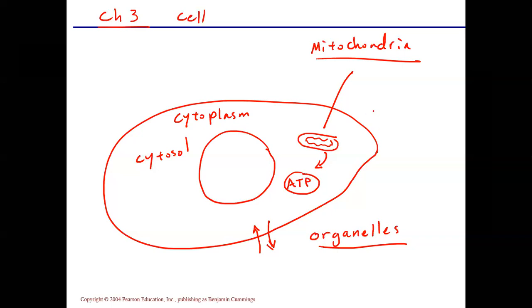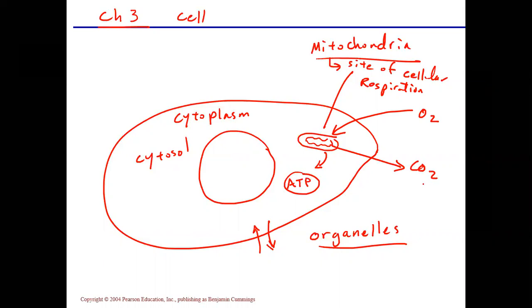Now, interestingly enough, this is also known as the site of cellular respiration, which means the cell is actually breathing. The reason is that they take in oxygen that we get from our respiratory system, and they give off carbon dioxide. The carbon dioxide that we breathe out is ultimately coming from the mitochondria. In the process, you need sugar or glucose as well.